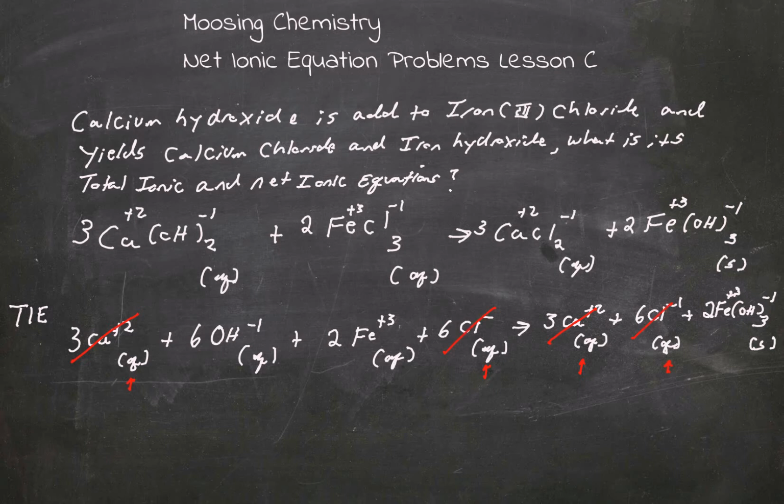All right, now we're going to write our net ionic equation. Remember, always write the cation, which is the metal, first.